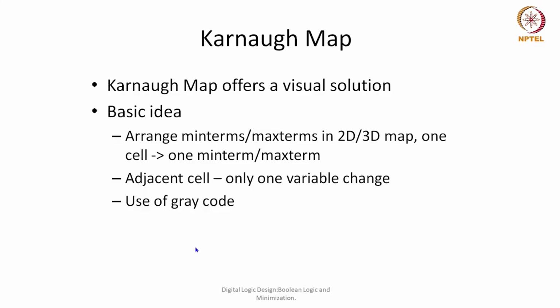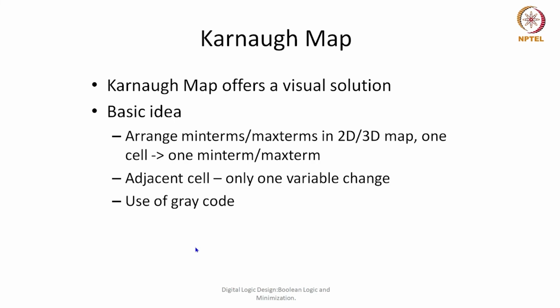Each cell in my Karnaugh map would represent one min term, and the other property of this Karnaugh map is that adjacent cells differ in only one variable. For a Karnaugh map of 3 variables, the other 2 variables would be the same for each adjacent cell, and only one variable will change. Because only one variable changes, these Karnaugh maps are represented not in decimal but in gray code encoding.